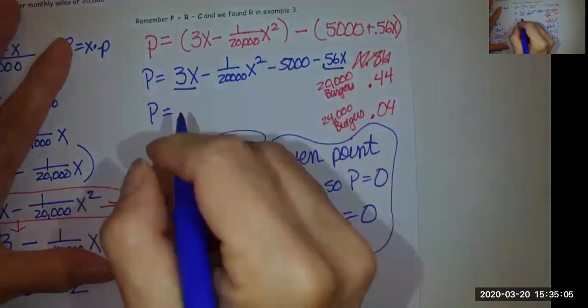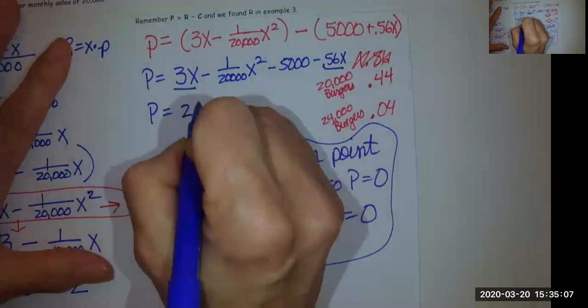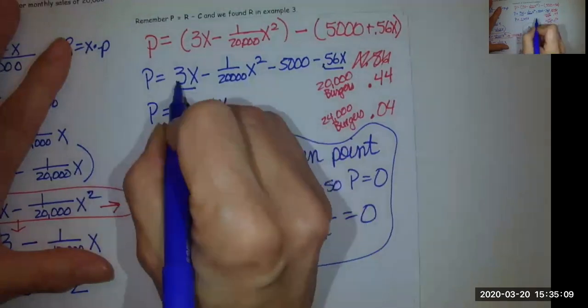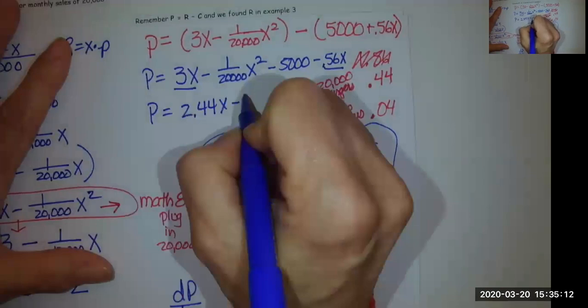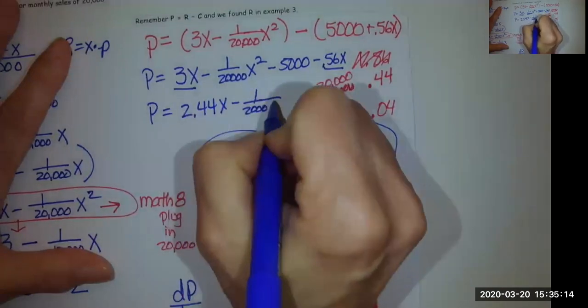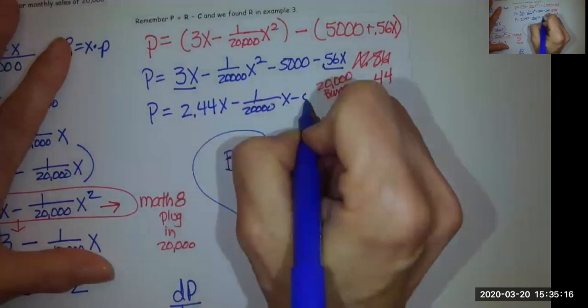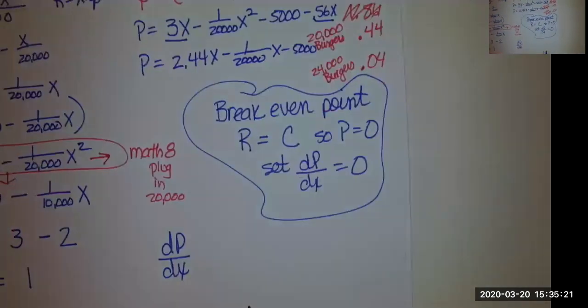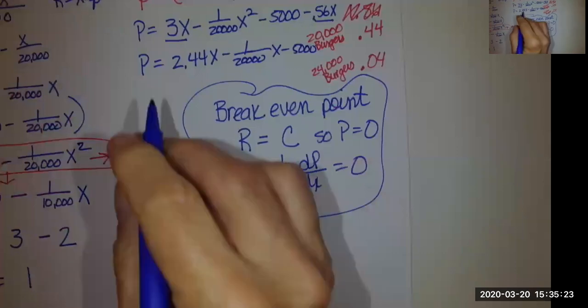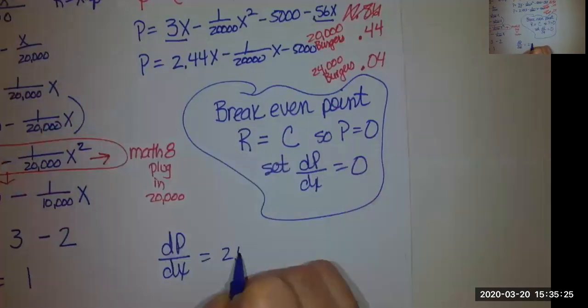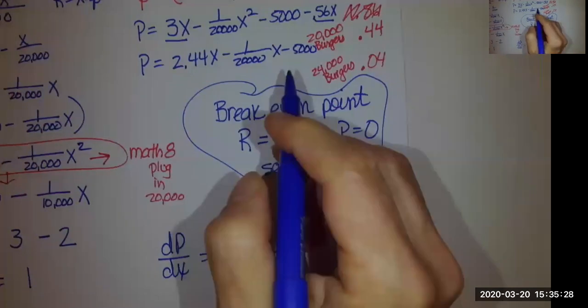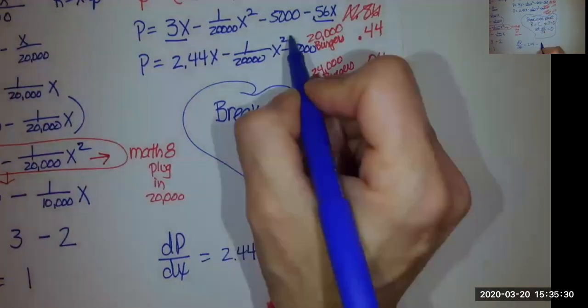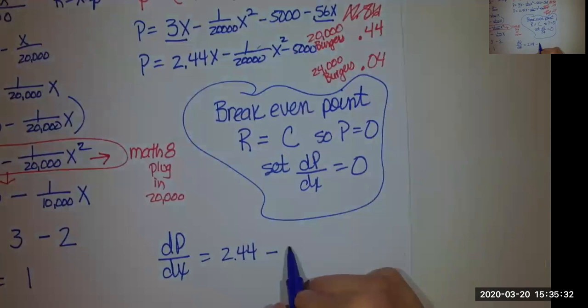And now we can put our like terms together there. So P equals 2.44x, because I've got 3 minus 0.56, minus 1 over 20,000 x squared, minus 5,000. So now when I take the derivative, the derivative of 2.44x is 2.44, minus, the derivative of the squared term is 1 over 10,000 x.